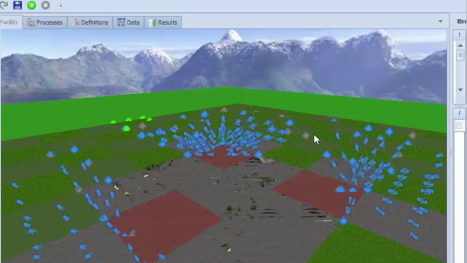The solution we propose is the segmentation of the logging operations that supply the paper mills.